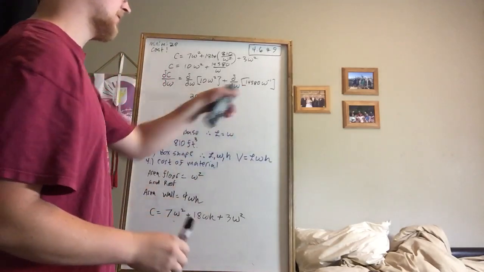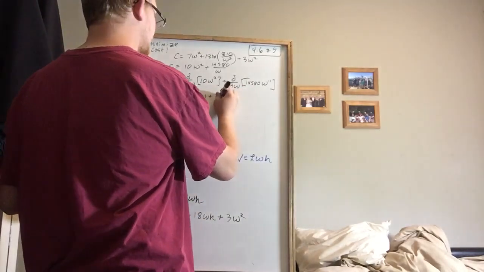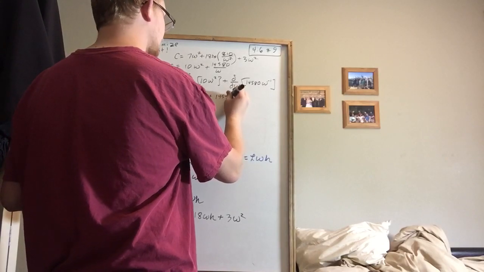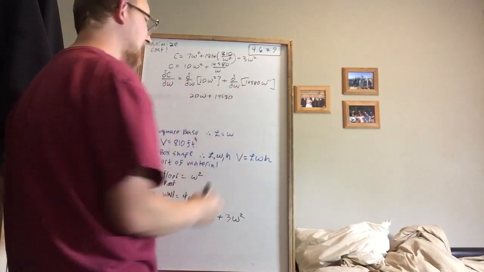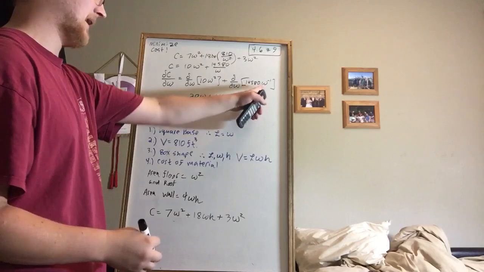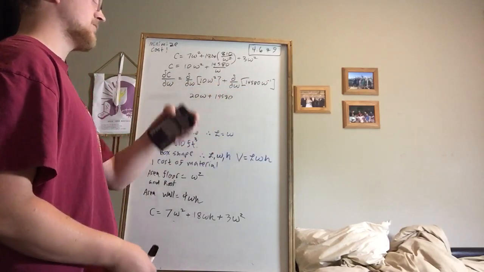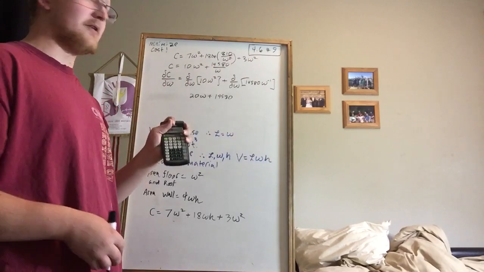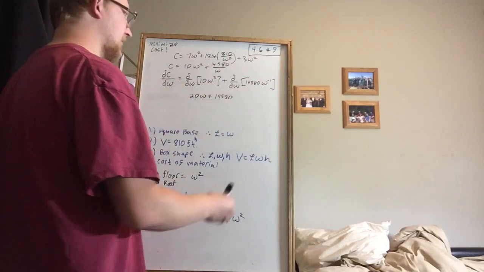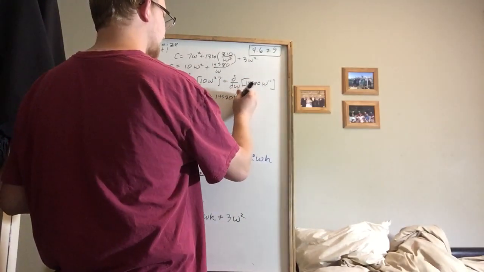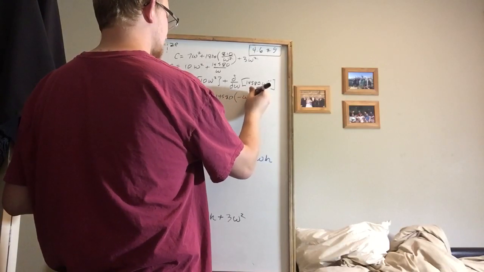This one's a little trickier. Due to the linearity, I can pull the 14,580 out and just push that back into the derivative of w to the minus 1. So the derivative of w to the minus 1, we bring the minus 1 down, and we subtract 1 from the power. So that gives us minus w to the minus 2.